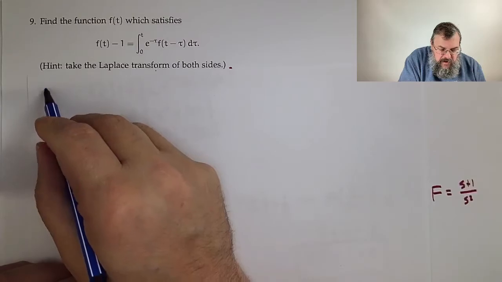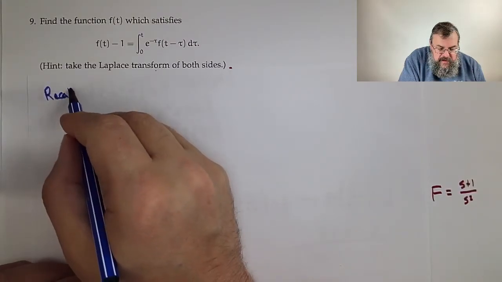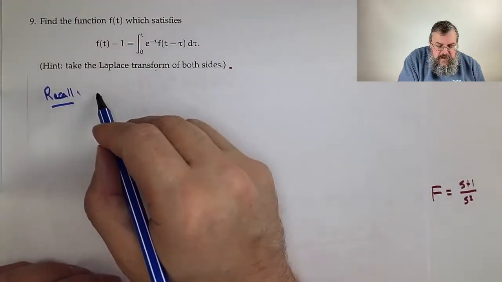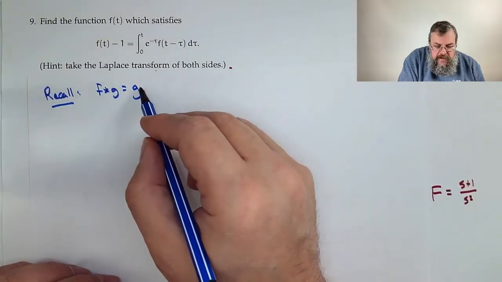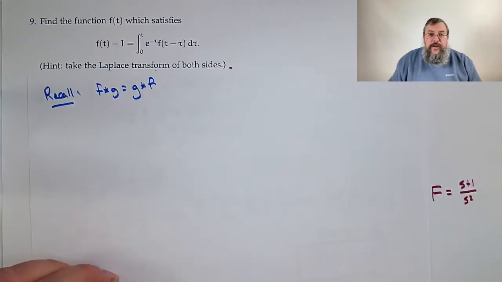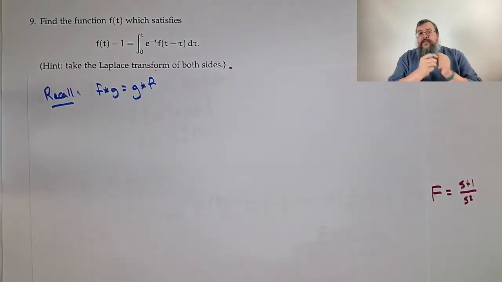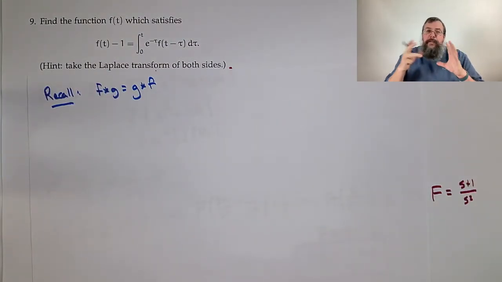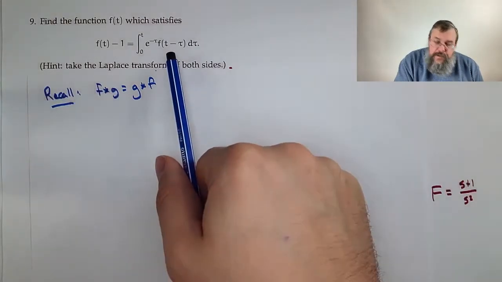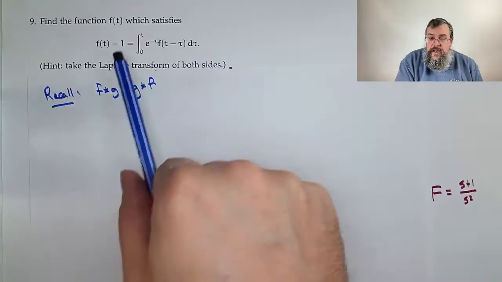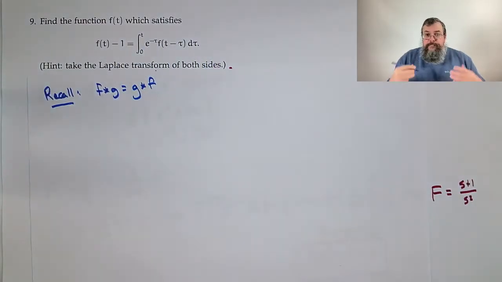Recall, and we're not going to go through it, that when we talk about convolution, it doesn't matter which order we do the convolution. So f star g is g star f, which really comes down to a simple substitution. So if you put in u equals t minus tau and work out what the substitution becomes, that's the result.